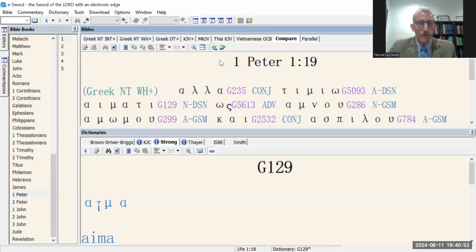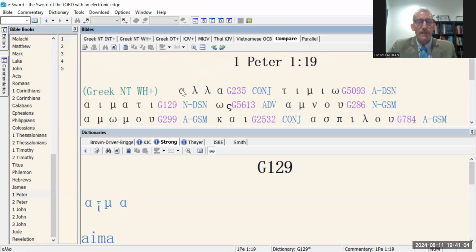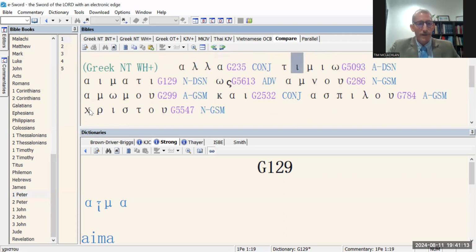Let me just go back a verse because we need to know the context here. Knowing that you were not redeemed with corruptible things, silver or gold, from your manner of life. So we're talking about redemption. How were you redeemed? And then in verse 19 it says, by means of, not by those other things of the world, but by means of the precious blood of Christ, as of a lamb.